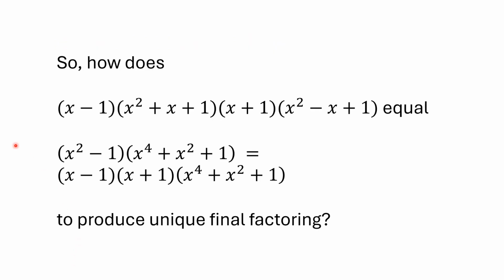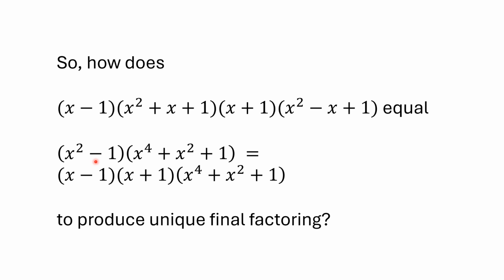So how does the factoring that we got the first time equal the factoring that we got the second time? That means somehow we have to make x to the 4th plus x squared plus 1 and x squared plus 1 plus x and x squared minus x plus 1 the same.